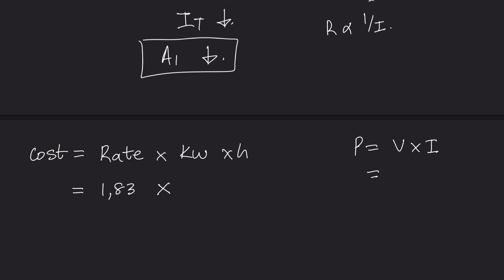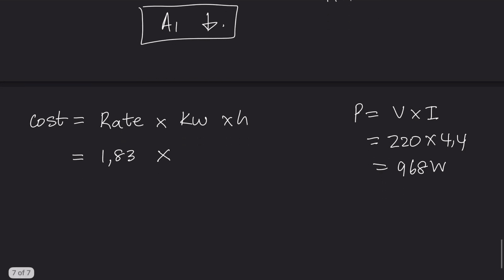Power is equal to 220 multiplied by 4.4, and that gives us an answer of 968 watts. Now, remember we want kilowatts. So 1 kilowatt is 1,000 watts.